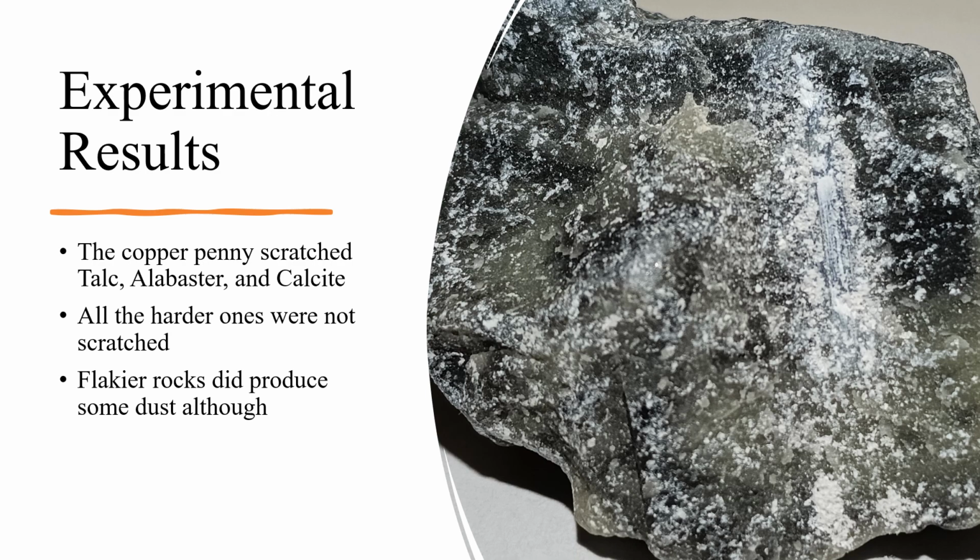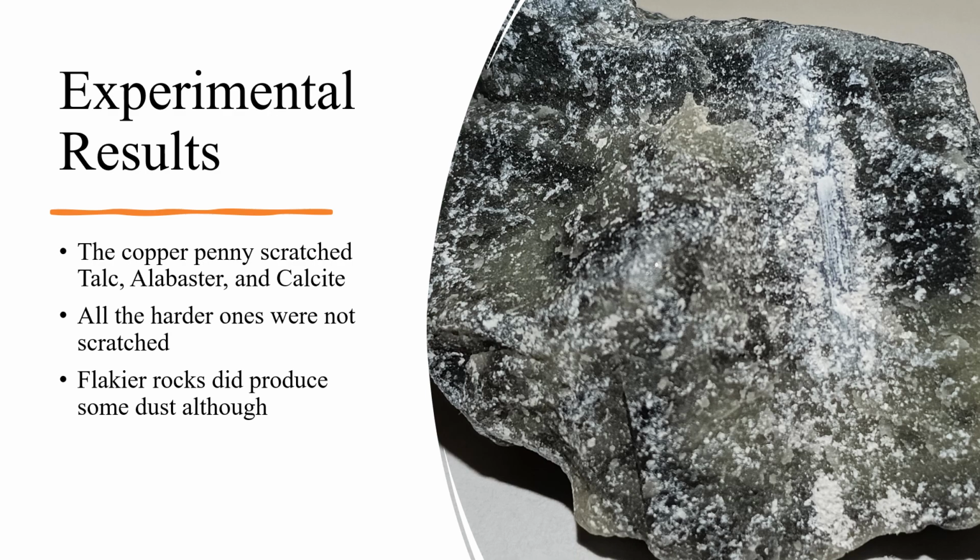Everything else harder was not scratched. Although, I have to note that when I scratched some of the harder rocks that were a little flakier, some of the flakes did come off, but that's not exactly a scratch per se. But I will list that as a point of possible confounding variables.